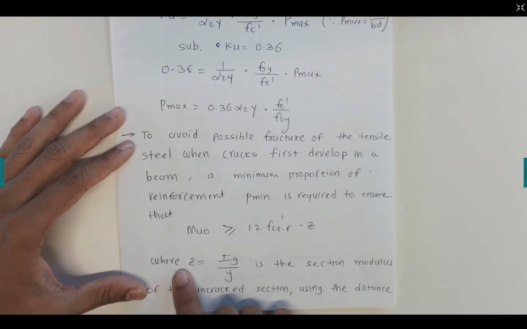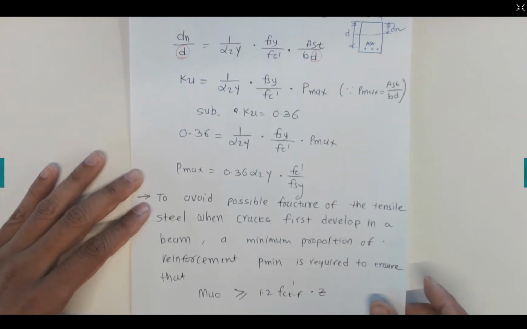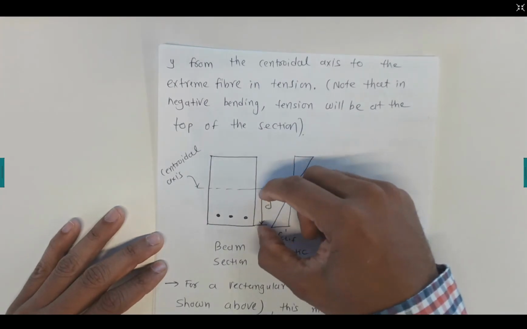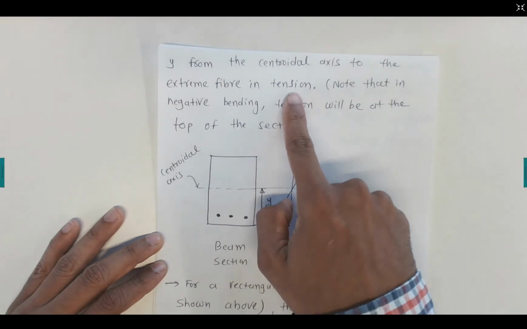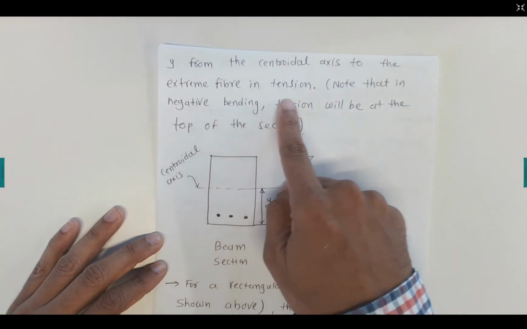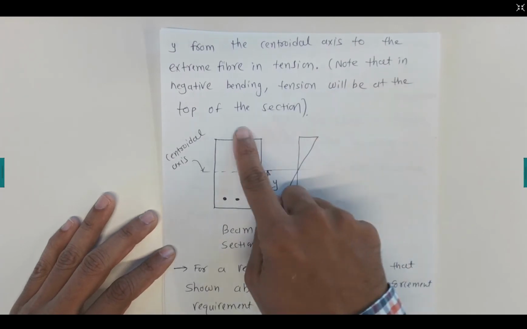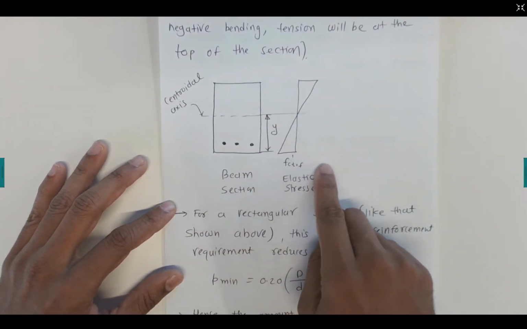Now Z is the section modulus of the uncracked section, which is moment of inertia over the distance y, the distance from the centroidal axis to the extreme fiber in tension. Note that in negative bending, tension will be at the top of the section. So this is just a beam section, and this is f'ct.f.